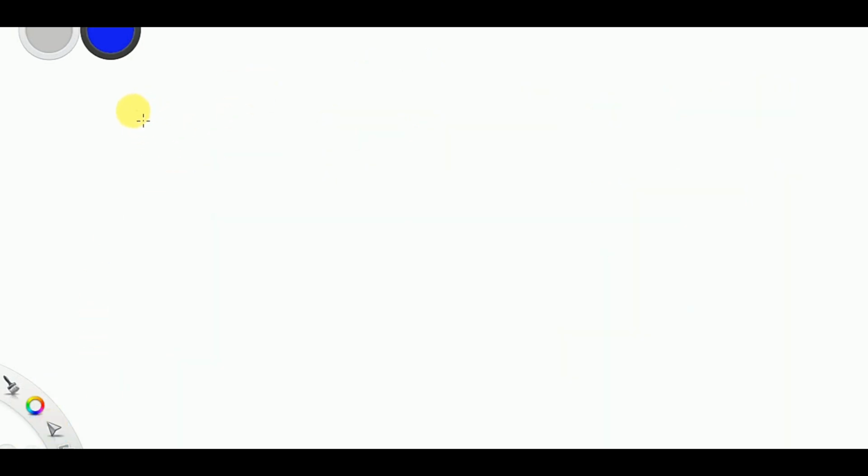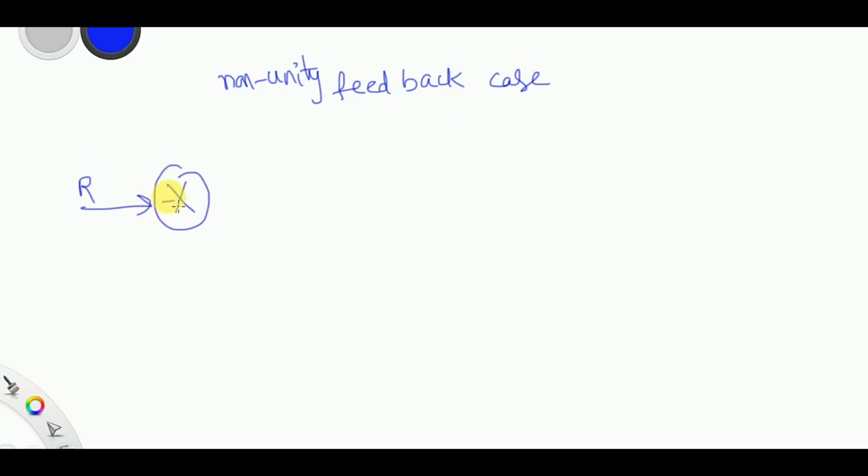Now let us solve a non-unity feedback case. Let me write the question for you. R is the input, with negative feedback. This is the forward path with gain G, and here is my output.